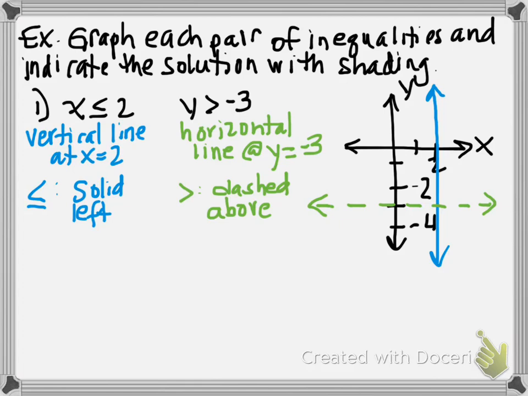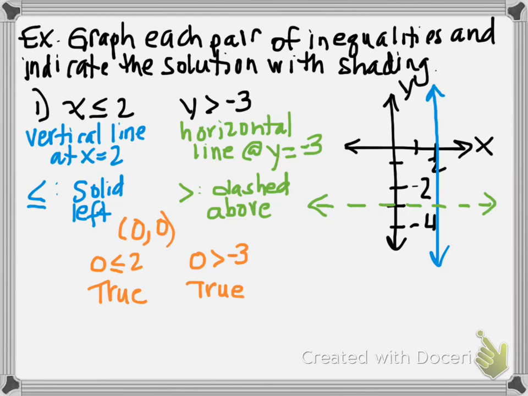Now, my favorite ordered pair is there. That's 0, 0. So I'm going to test it out. Now, I have to test it in both equations, and it needs to be true for both equations. So I substitute in 0 for x and ask, is 0 less than or equal to 2? That's true. So that means 0, 0 is a solution for that inequality. I plug in 0 for y, and is 0 greater than negative 3? That's also true.